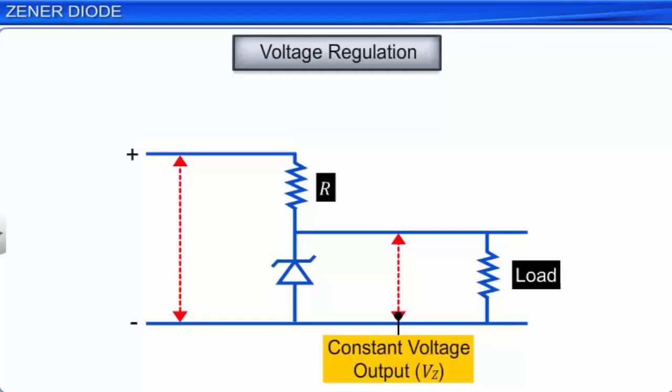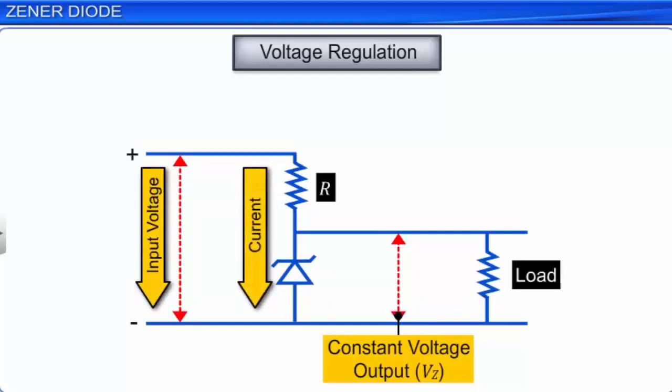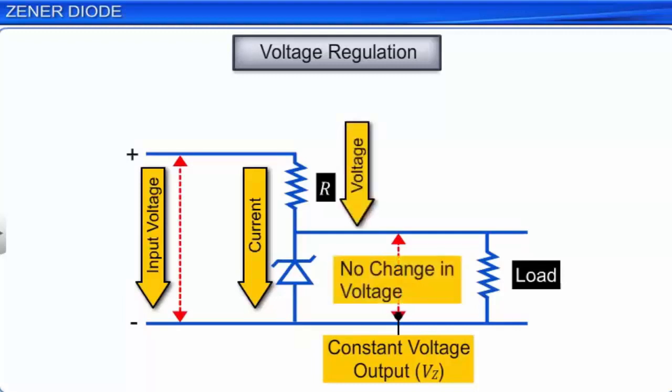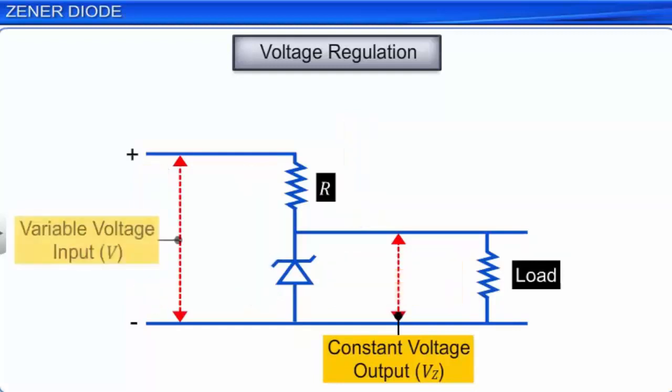This reduces the voltage across R without affecting the voltage across the Zener diode. Thus, irrespective of increase or decrease in the input voltage, the voltage across the Zener diode remains constant, which is collected across the load resistance. Hence, the Zener diode acts like a voltage regulator.